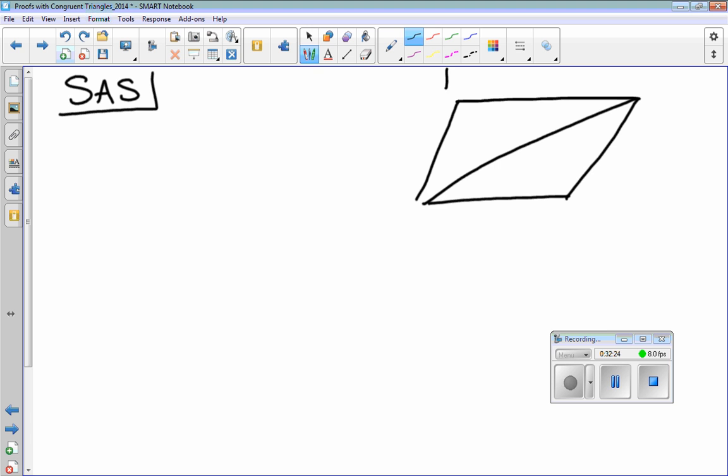We're going to say BC, AB. That went there. That's supposed to be at the corner. We're going to be given some information and asked to prove some information.